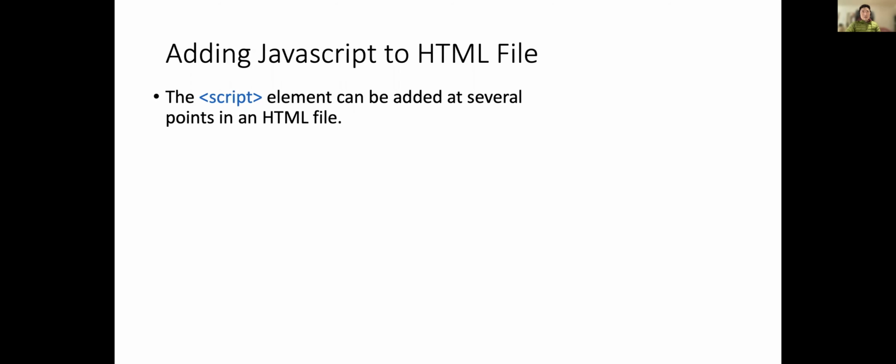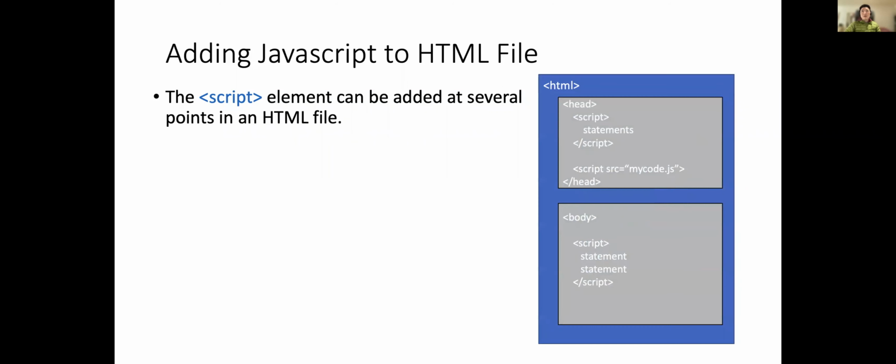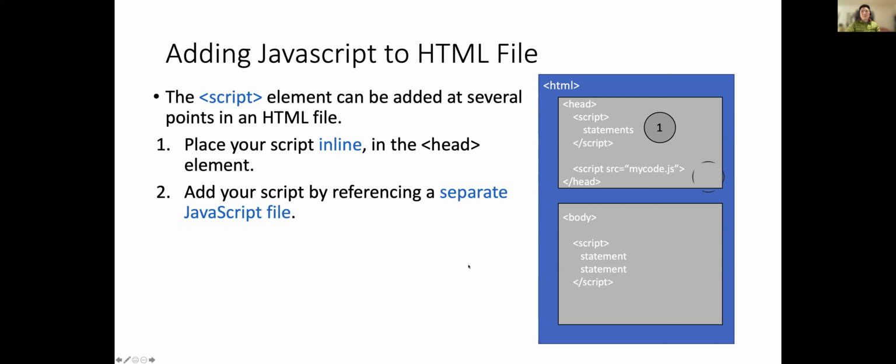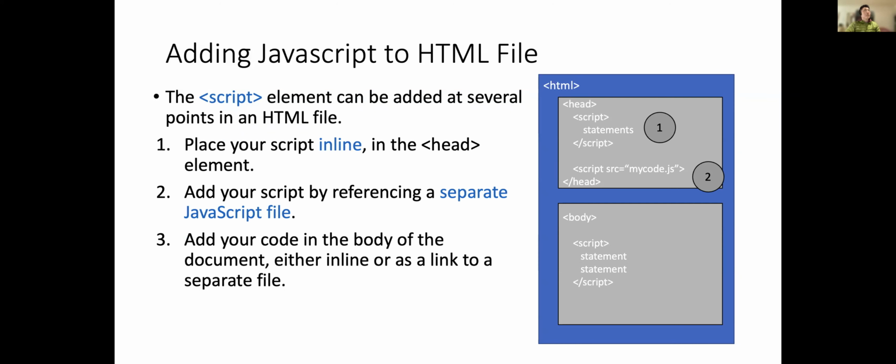Okay. So to add JavaScript to an HTML file, you can use the script tag, either inside the head or inside the main body, either is okay. Actually, we will need you to use both.